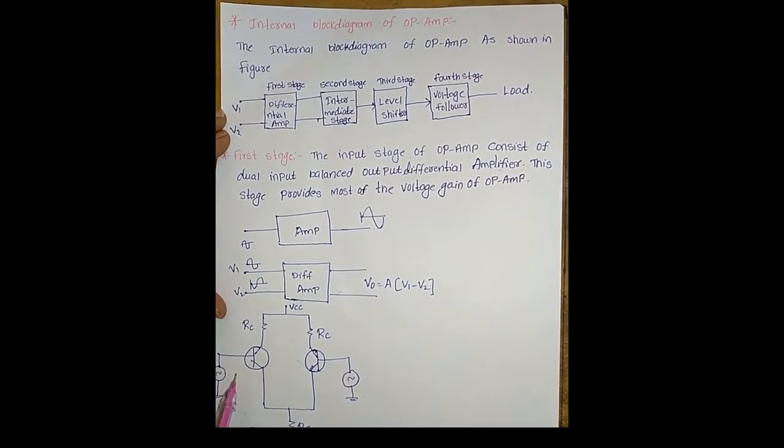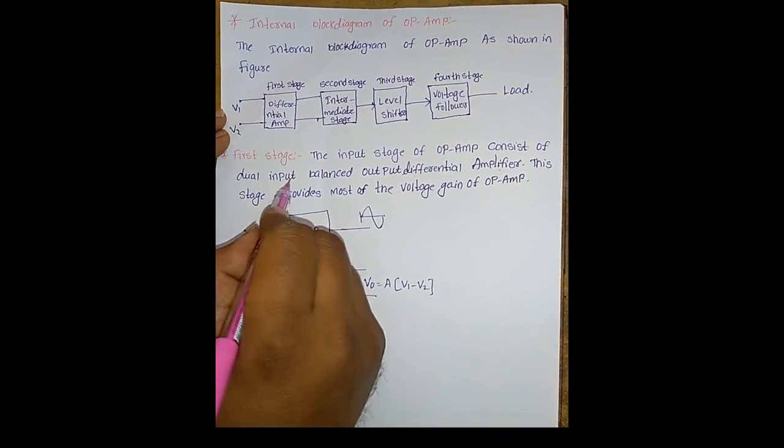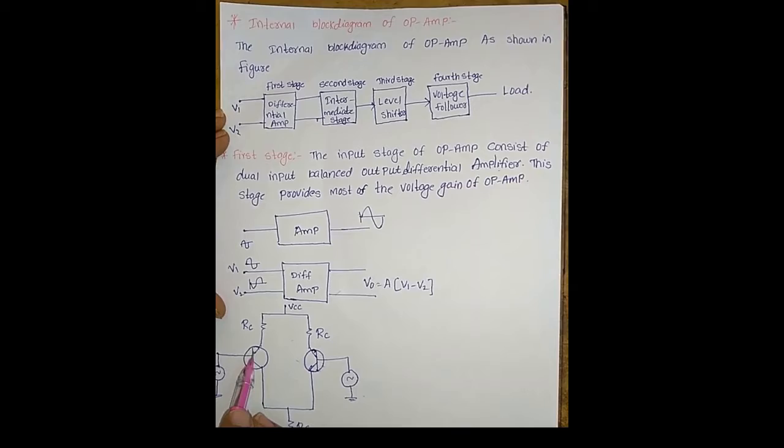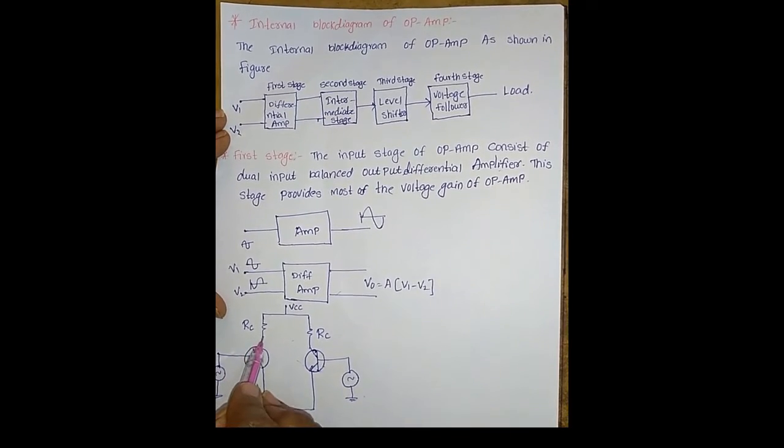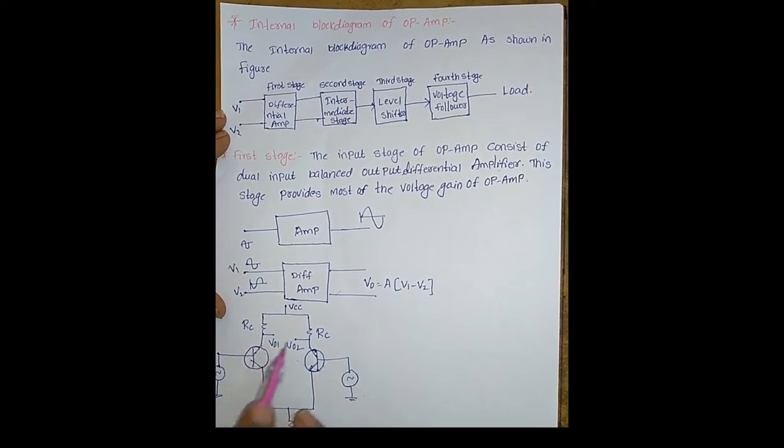We know that the differential amplifier requires two input signals; these two inputs we consider as dual input. We collect the output at each BJT collector terminal, which we consider as the balanced output. That is why in this first stage we use the dual input balanced output differential amplifier.